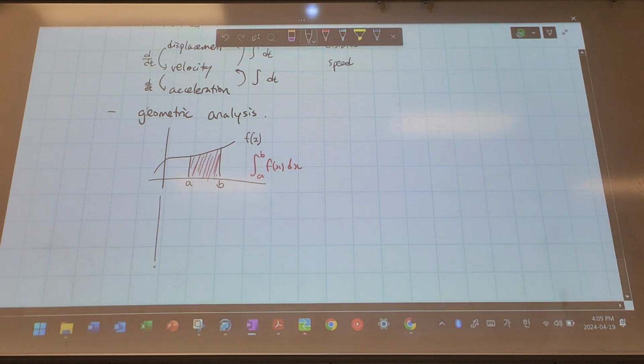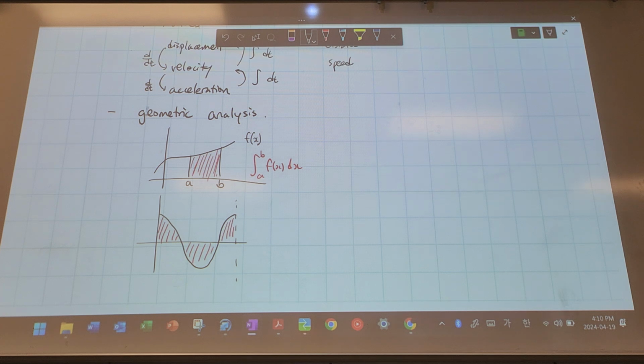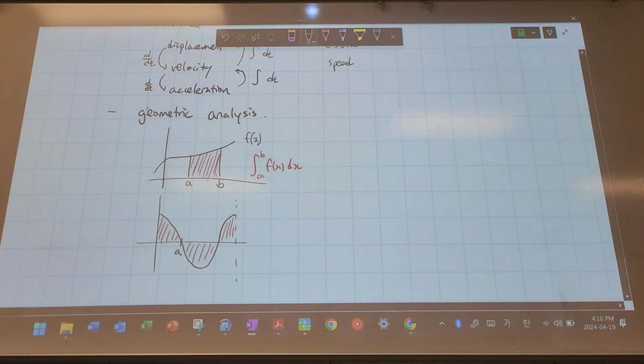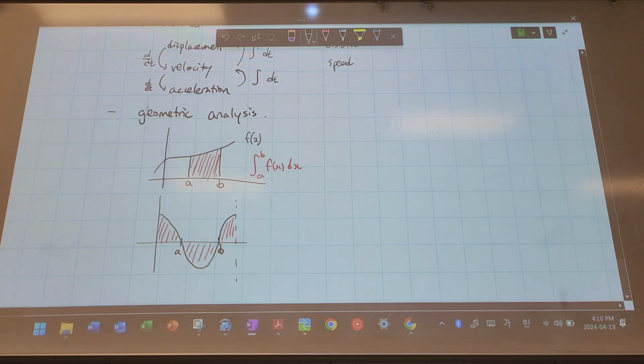Let's say we have a shape of a graph that goes like this, and you want to find the area of this plus this plus this. You can break it down into three pieces, A and then B, let's say. Find the integral from 0 to A, then add the integral from A to B, but it's negative, so we make it positive.